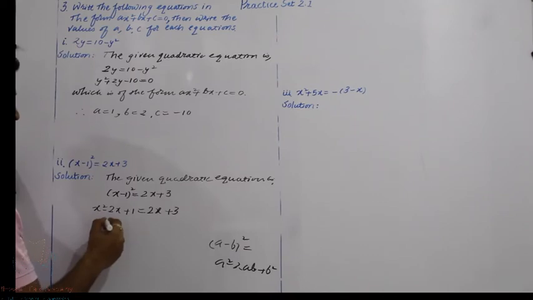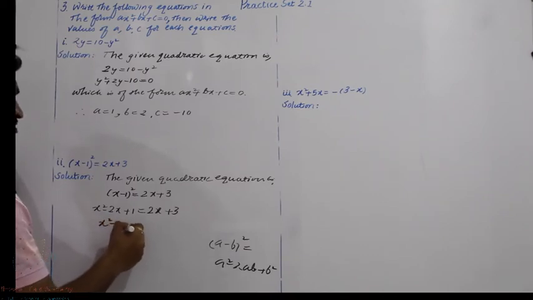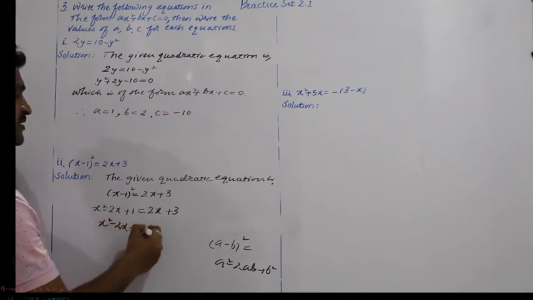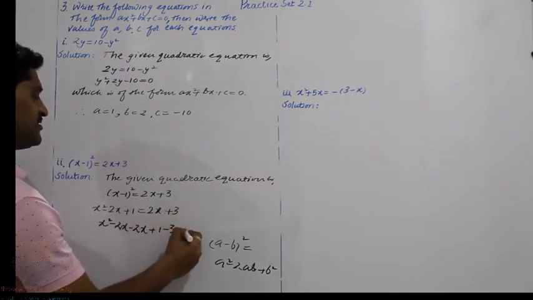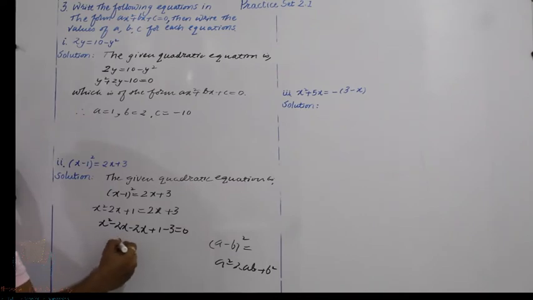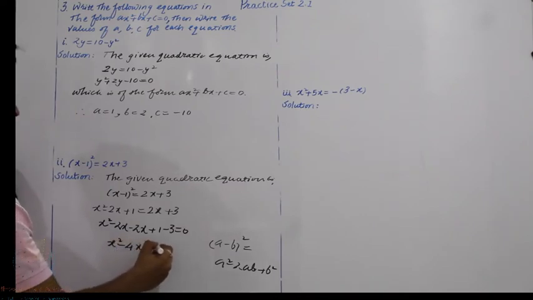Again get all the terms on the left hand side. So x square minus 2x and this minus 2x will become minus 4x, plus this 1 and this minus 3 will become minus 2, and this is nothing but x square minus 4x minus 2, which is equal to 0.